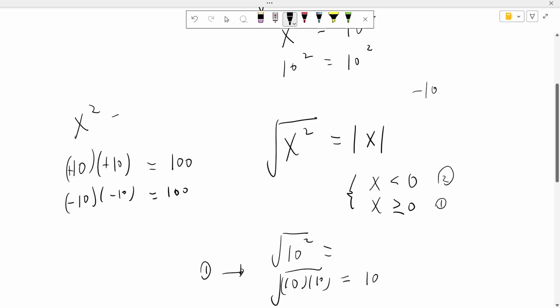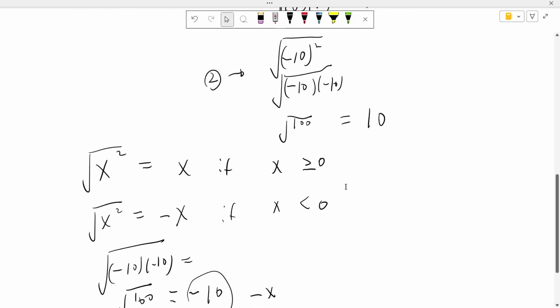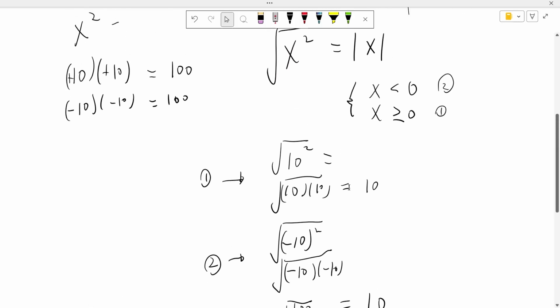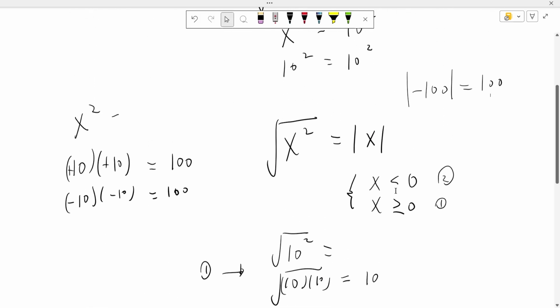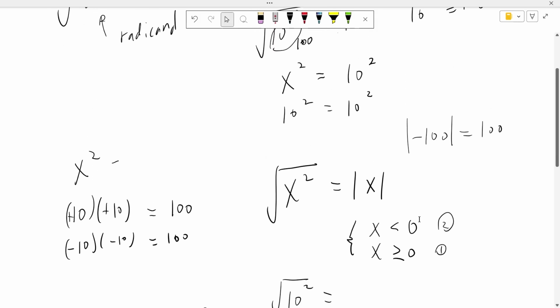If you have negative 100 and you take the absolute value, you get 100. So these bars take care of the case when x is negative. Instead of writing these two equations, where the right hand side is different, we can simply write one equation.